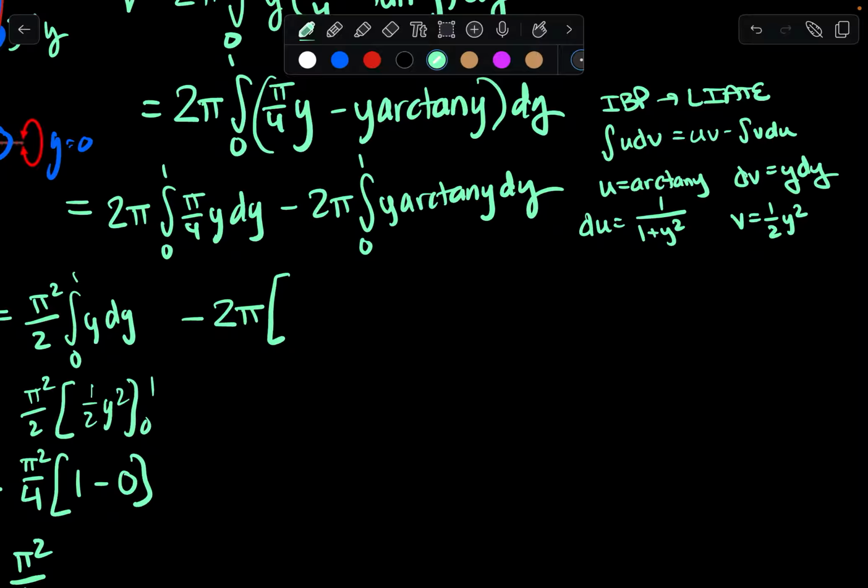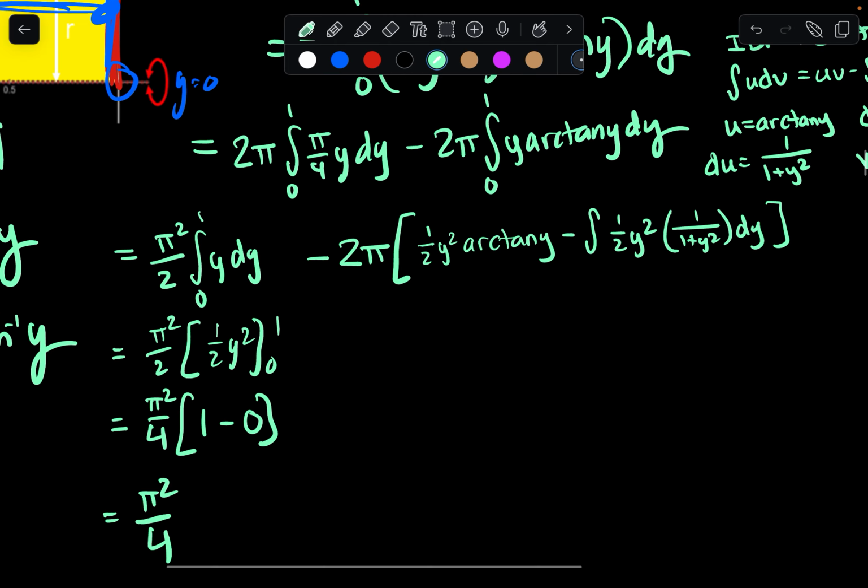All right, so this is where the ultraviolet voodoo comes in. My u is arctan of y. My v is 1/2 y squared. So I'll do 1/2 y squared arctangent of y. And then we are, let's see, subtracting the integration of v, which is 1/2 y squared, times du, which is 1 over 1 plus y squared with respect to y.